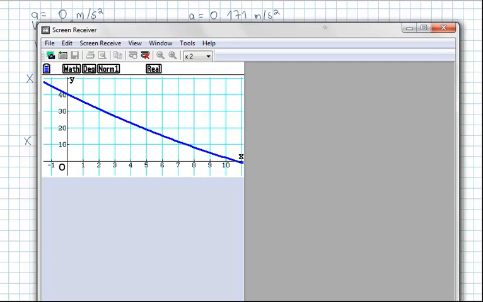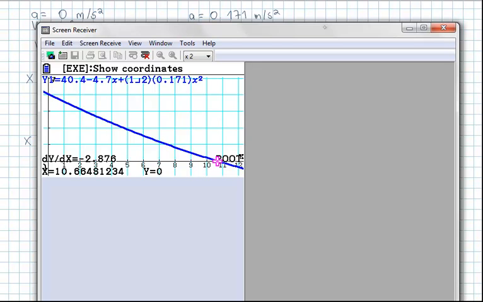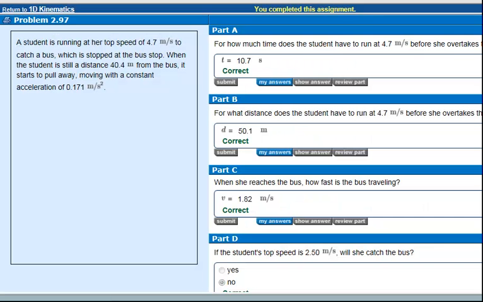I'm pretty sure the majority of you are using a Texas Instruments; I use a Casio, which makes my life much easier. I'm going to solve for the root, and it tells me that x is equal to 10.66. That is the time that the girl takes to catch the bus. And booyah, that is the answer. That's it for part A.